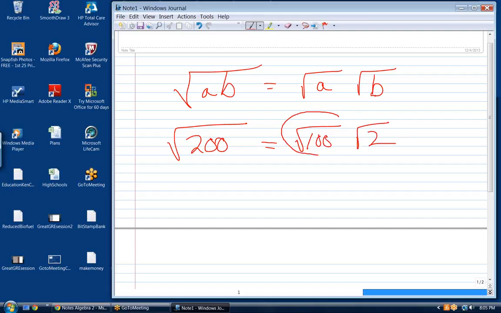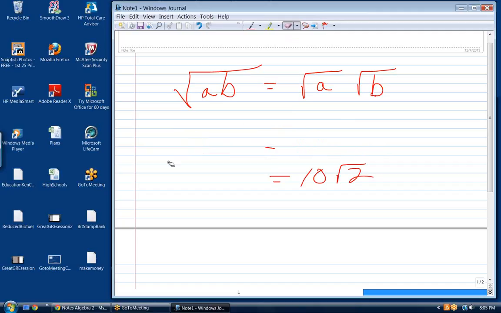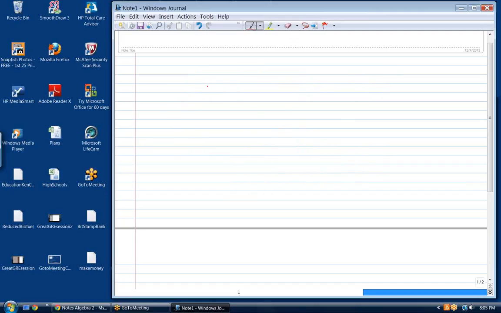And then that becomes 10. Okay. Same with division. Square root of A over B equals square root of A over square root of B.